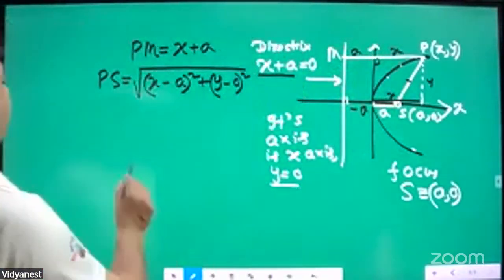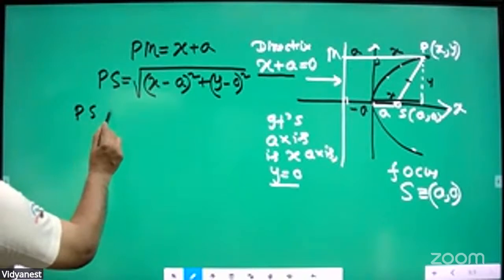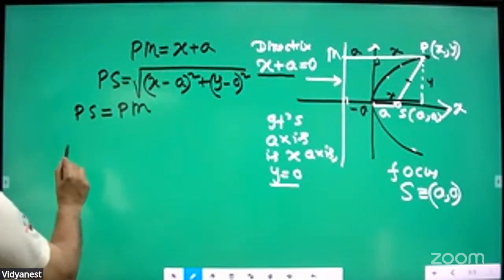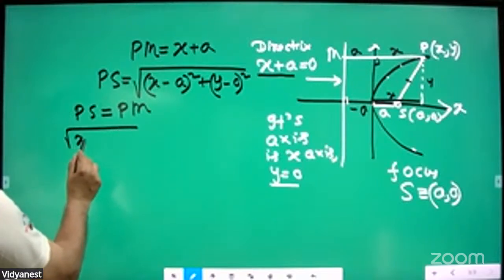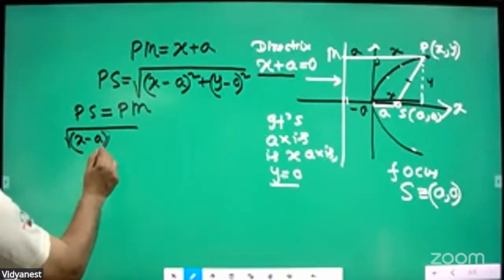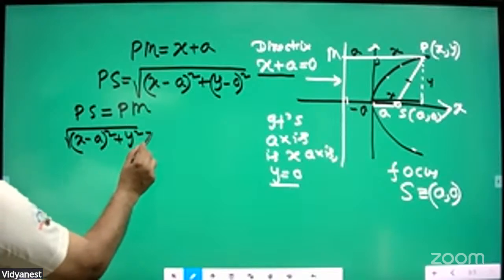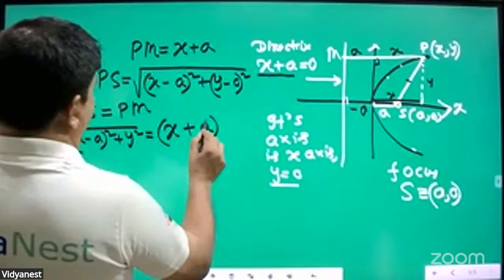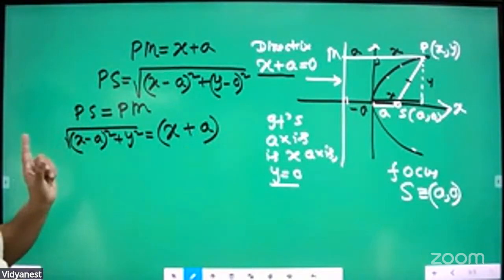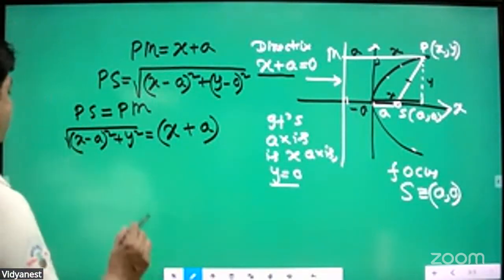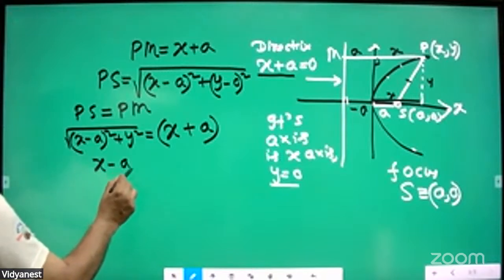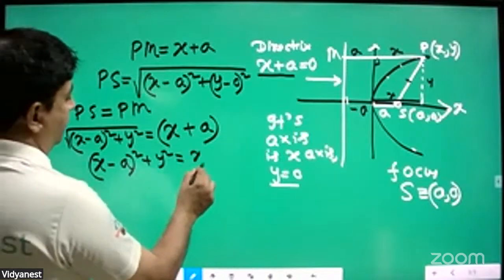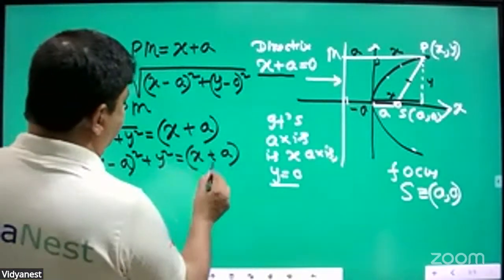The equality of PS is equal to PM. Now PS is the square root of x minus a whole square plus y square, and PM is x plus a. Now we need simplification. You square both sides, and you will get this equation.